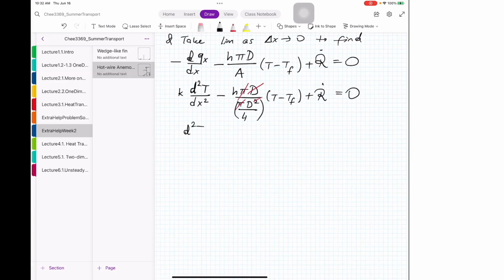You get d squared T over dx squared minus 4h over kd, T minus Tf, plus fancy r dot is equal to 0.